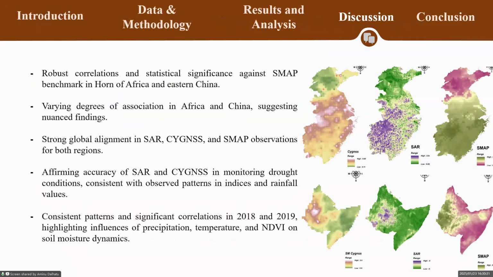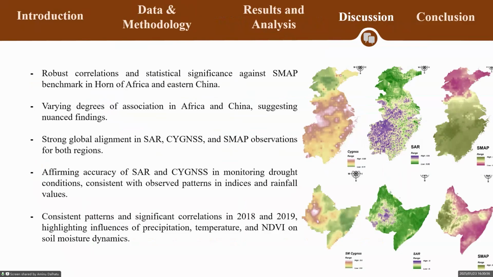We have the strong global alignment in SAR and SiteGNSS. When we took a look at the temporal and spatial distribution in both study areas, A and B, Africa and China, we saw it's basically the same, and we have the alignment of all of these variables.